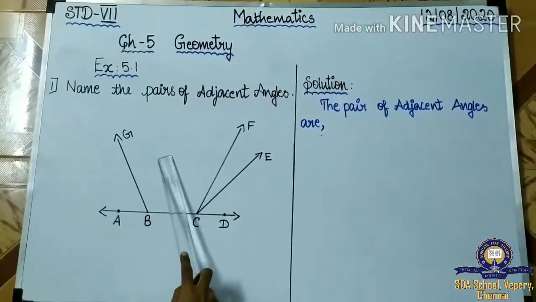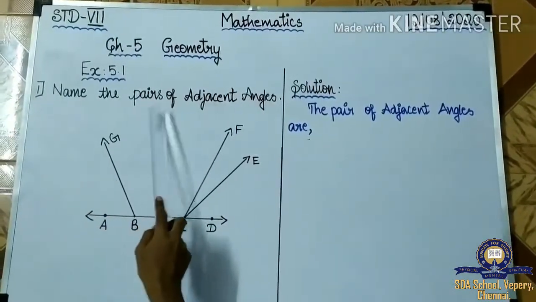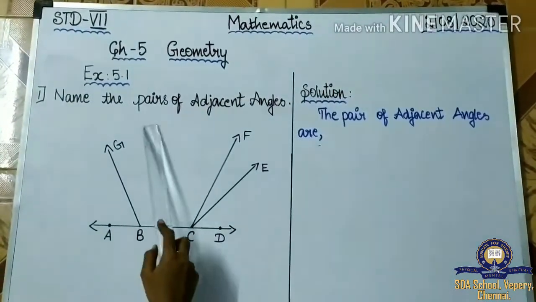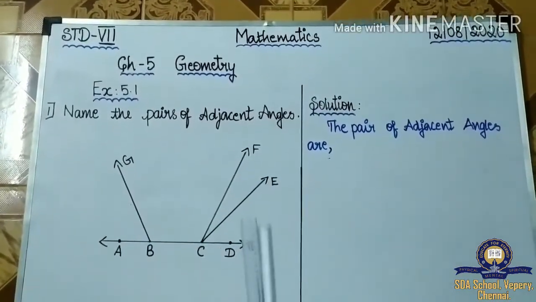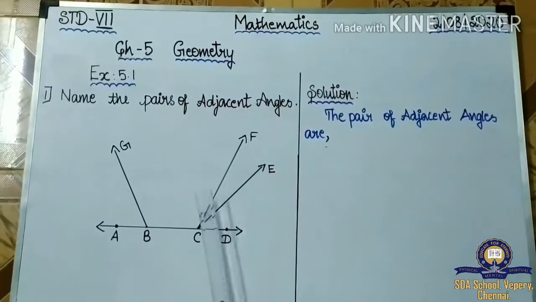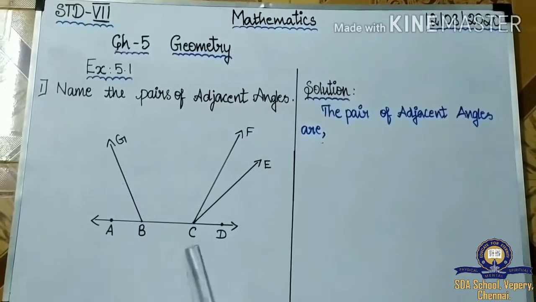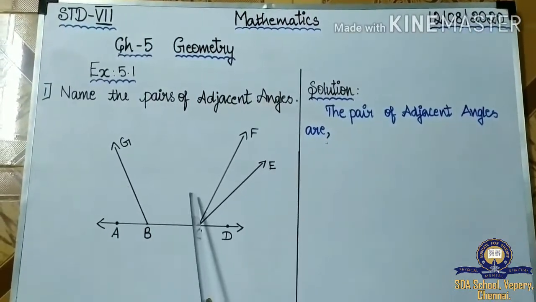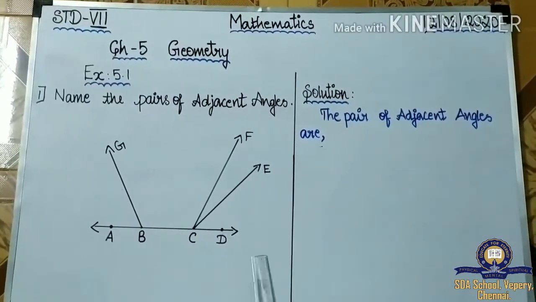Yes, let's move on to our exercise sums. Exercise 5.1. The first one: name the pairs of adjacent angles in the given figure. In this question, we are going to see the pairs of adjacent angles. From the definition of adjacent angles, we already learned that two angles which have a common vertex and a common arm, and whose interiors do not overlap, are called adjacent angles, right?